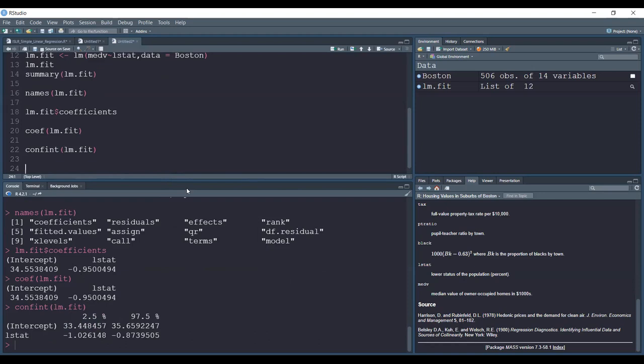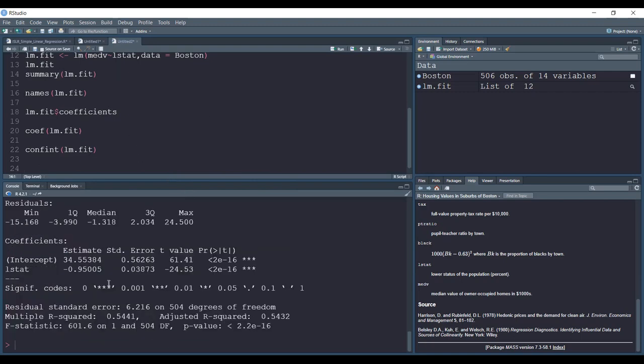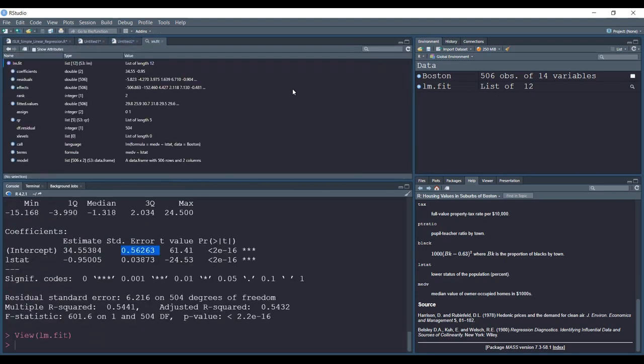You take your estimator plus or minus the standard error. I wouldn't mind actually doing it, but how would that work? How do you get the standard error? Because when we had summary, there is the standard error. But if I click lmfit over here, why don't we see it?